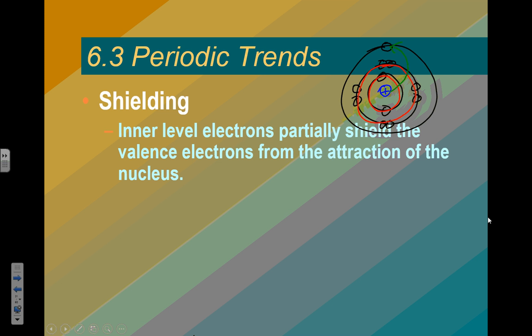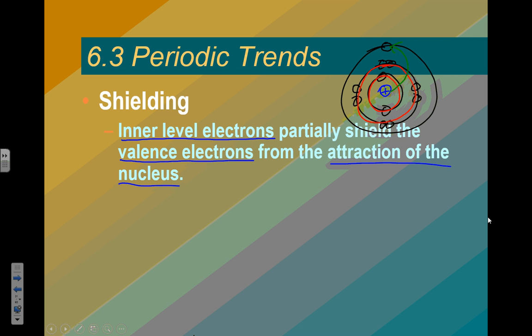So inner level electrons partially shield the valence electrons from the attraction of the nucleus. So there's three ideas here. If I ask you to do this on the test, and hint, there's a 100% chance I'm going to ask you what shielding is all about, you need to have three components. It's about the inner level electrons, preventing the valence electrons from being attracted to the nucleus. Those are the three core ideas to this.